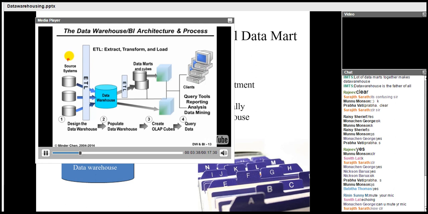We have multiple sources for data. It could be in the traditional transaction processing system. It could be flat file and Excel workbook. Can all be sources for the data which need to be integrated and consolidated and put into a specialized database, which we call data warehouse.